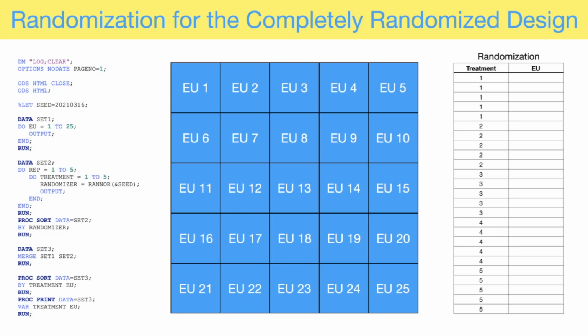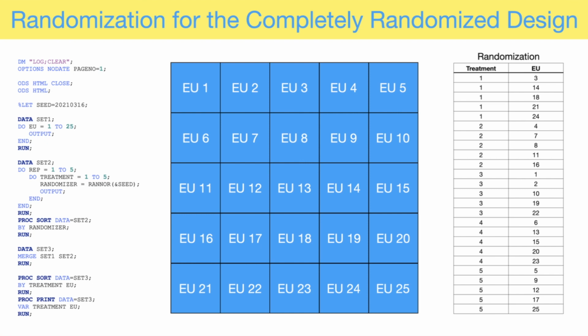Again, we have 5 treatments shown here in the first column, and we want to have 5 reps for each of the 5 treatments. And so we're going to utilize all 25 of our experimental units. I have 25 rows here in my table, and so the program on the left, using the random number seed that I've got listed there, creates the following randomization.